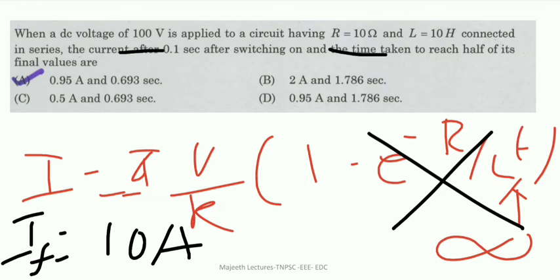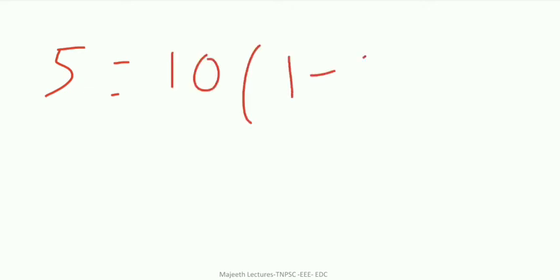But what they ask is time taken to reach half of the final value. So final value is 10, half of the final value is 5. To reach this value, what is the time taken? So V by R is 10, 1 minus e power minus R by L into T, with R 10, L 10.